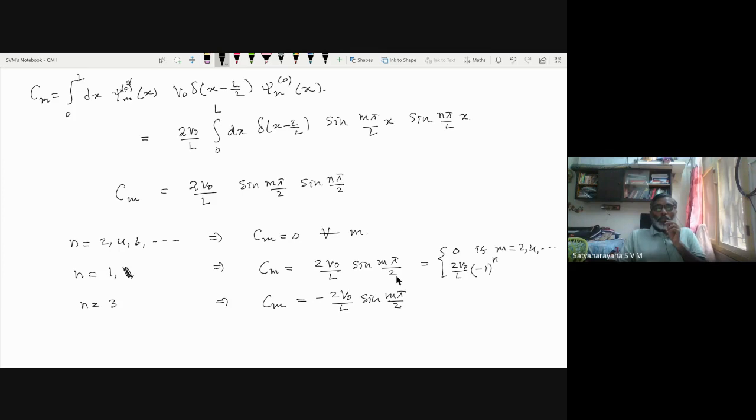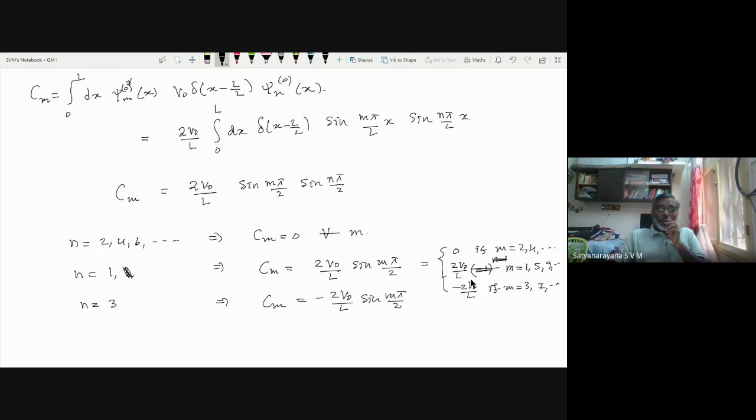So n is equal to 1, n is equal to 3. Okay, so what I should write is, maybe let me write it explicitly. If m is equal to 1, 5, 9, etc., this is equal to 2v naught by L, and this is equal to minus 2v naught by L if m is equal to 3, 7, etc. That is alternate odd integers, it will become like that.